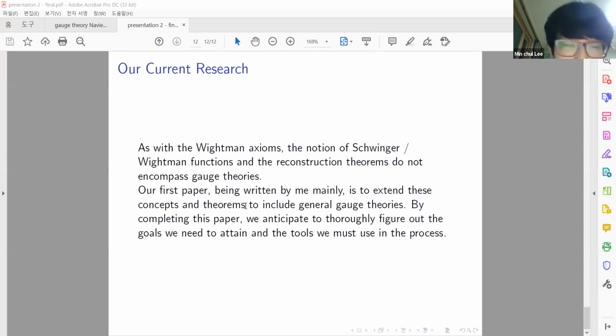Our current research with Professor Klemm is that, as with the Wightman axioms, the notion of Schwinger and Wightman functions and the reconstruction theorems do not encompass gauge theories and gauge symmetries. So our very first paper, in the series of papers we are writing, which is being written by me mainly, is to extend these concepts and theorems to include general gauge theories.